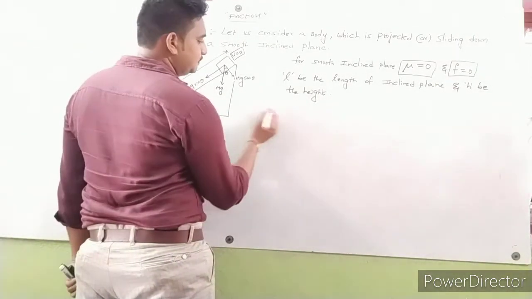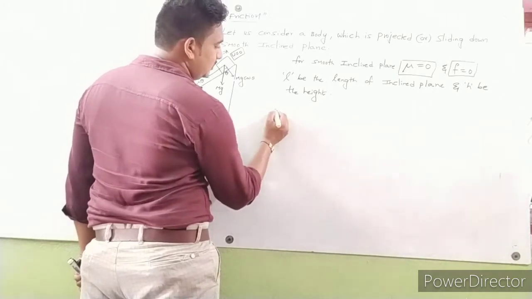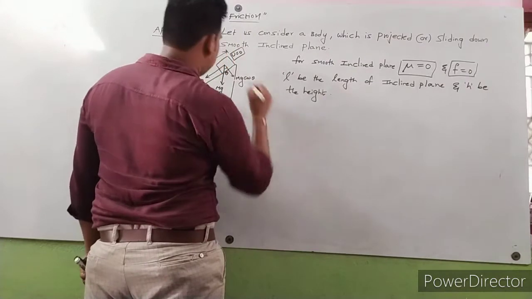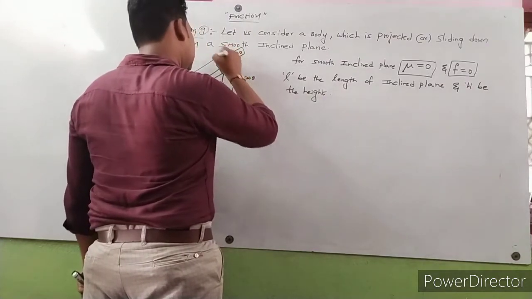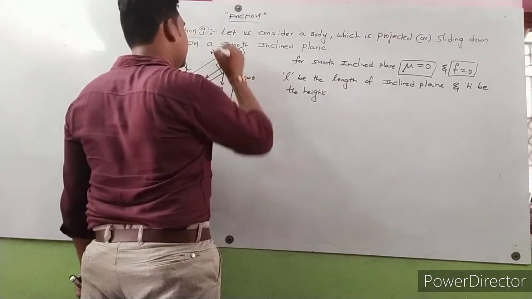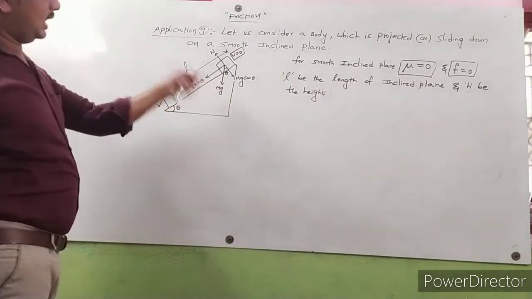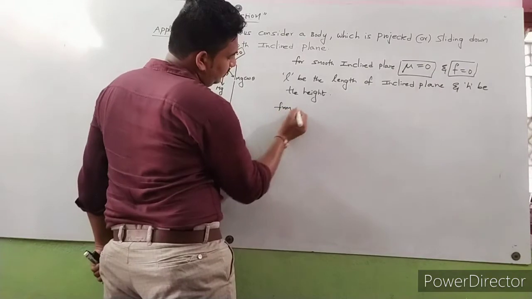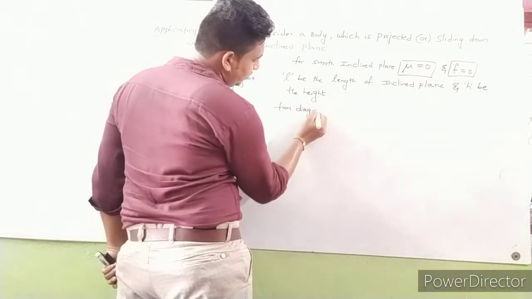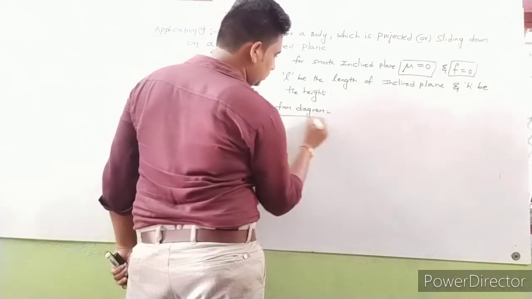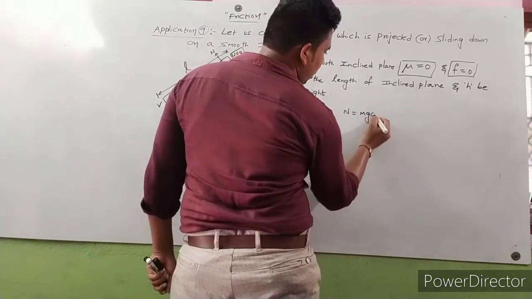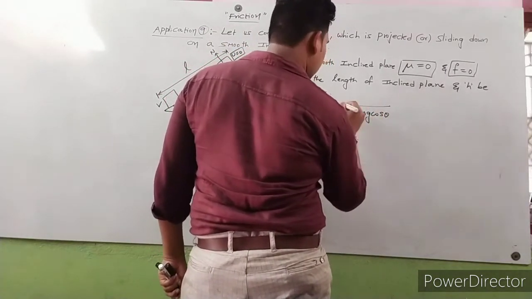Now for this one, normal force N is acting in the upward direction. From the diagram, N is equal to mg cos theta.